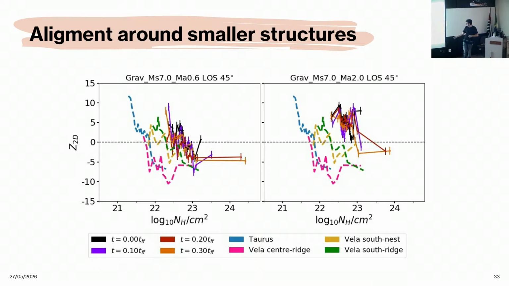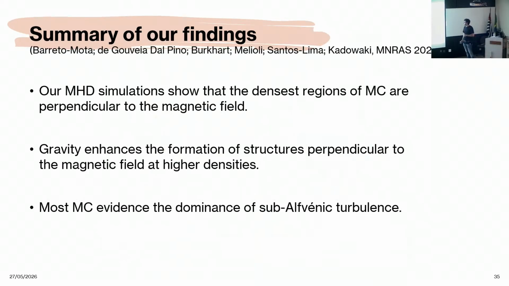So you can see here the PRS from which clouds they were calculated. Summarizing our findings in this first part, our simulations show that the densest regions of the molecular clouds are perpendicular to the magnetic field.